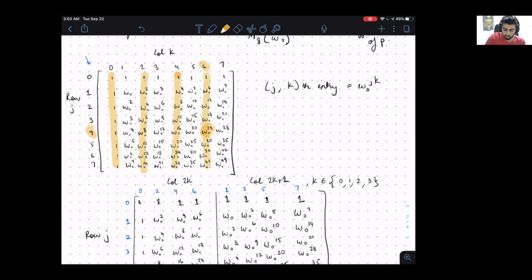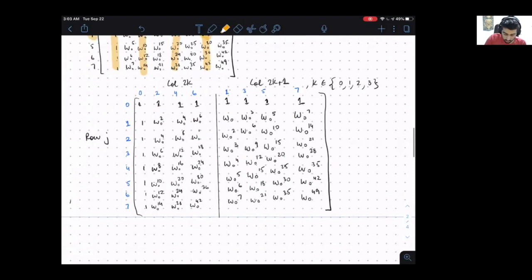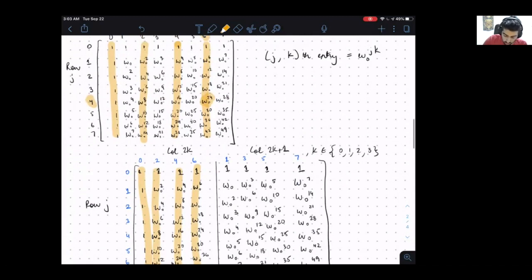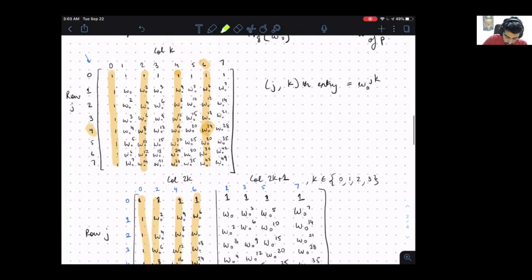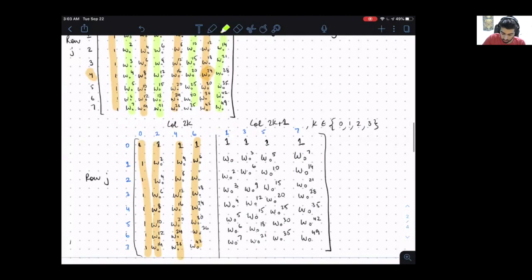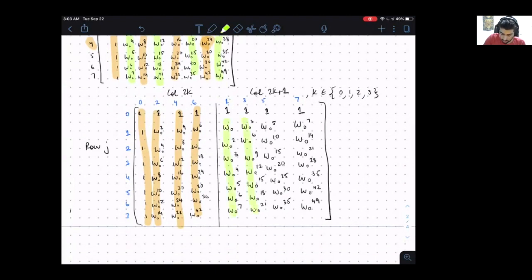So 0, 2, 4, and 6, and squished them together at the beginning of the matrix. And I took the odd columns, 1, 3, 5, and 7, and placed those in the right half of this matrix. That's essentially all I did. I just switched around the order of the columns of the matrix.